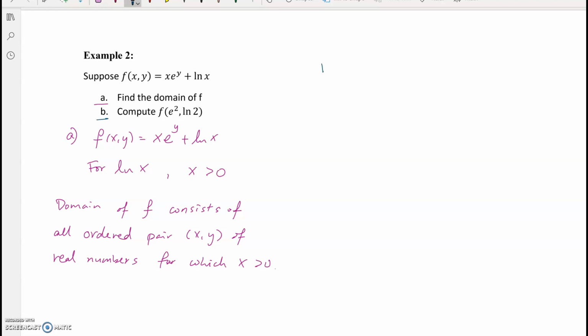For b, we want to compute f of e squared comma ln of 2. That means x equals e squared and y equals ln of 2. So f of e squared comma ln of 2 becomes x times e to the y plus ln of x.